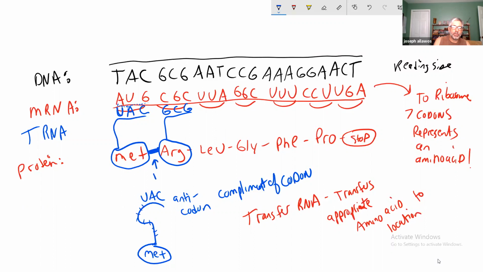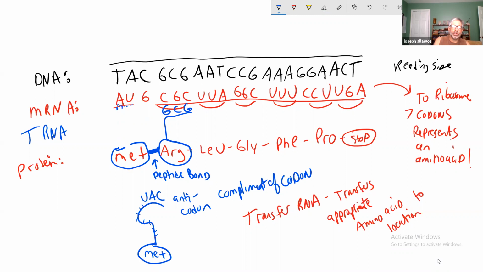This particular chemical bond is called a peptide bond. And the peptide bond is the bond that holds amino acids together. At that point in the game, this transfer RNA lets go of MET and it leaves. Okay. And then we continue down the line.